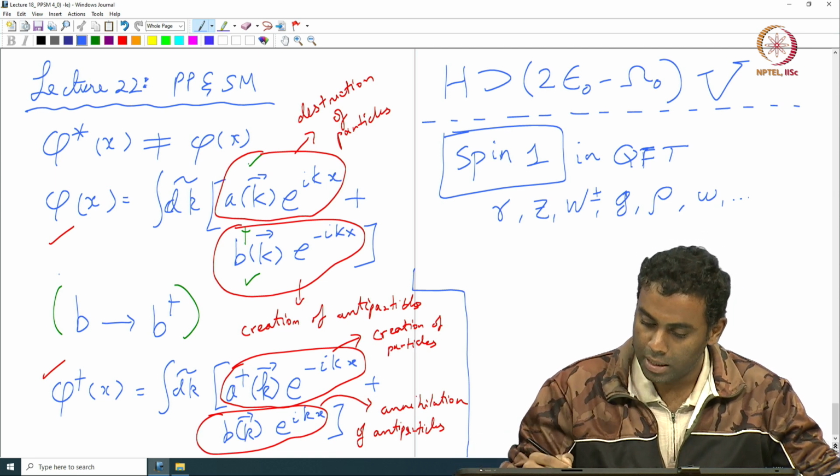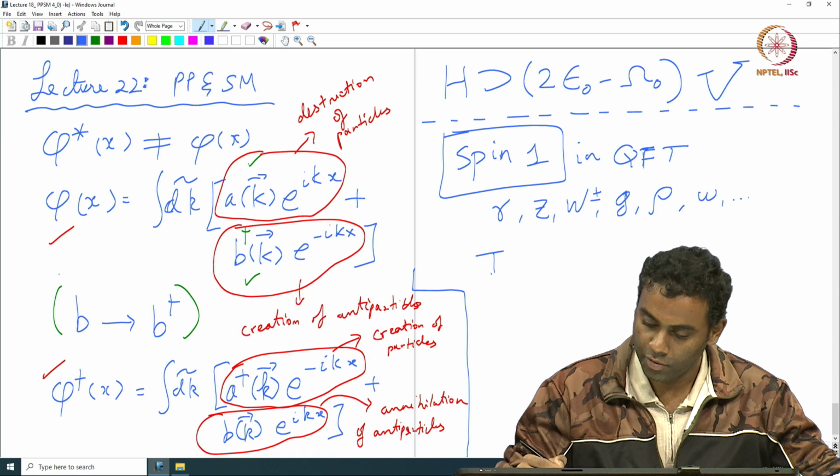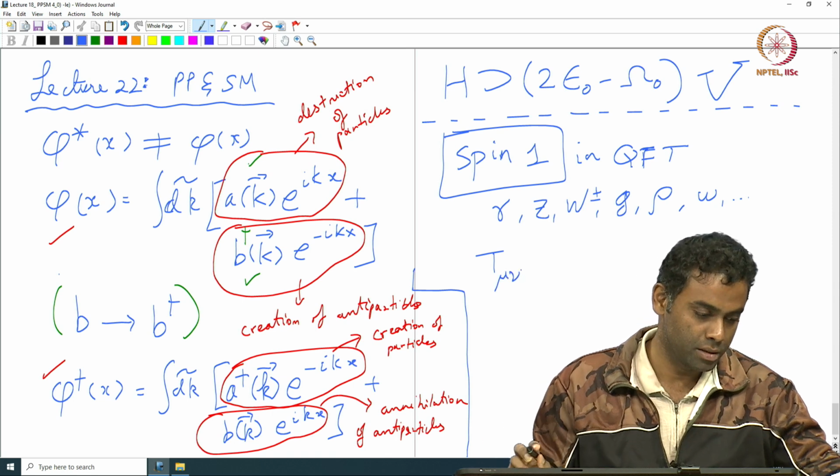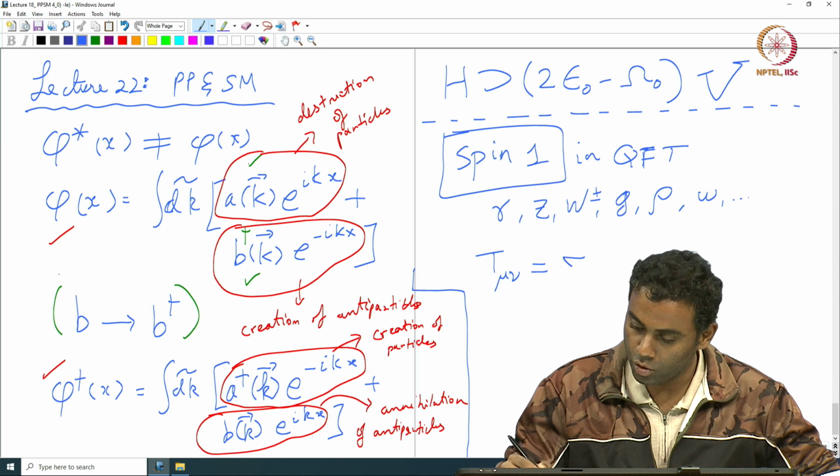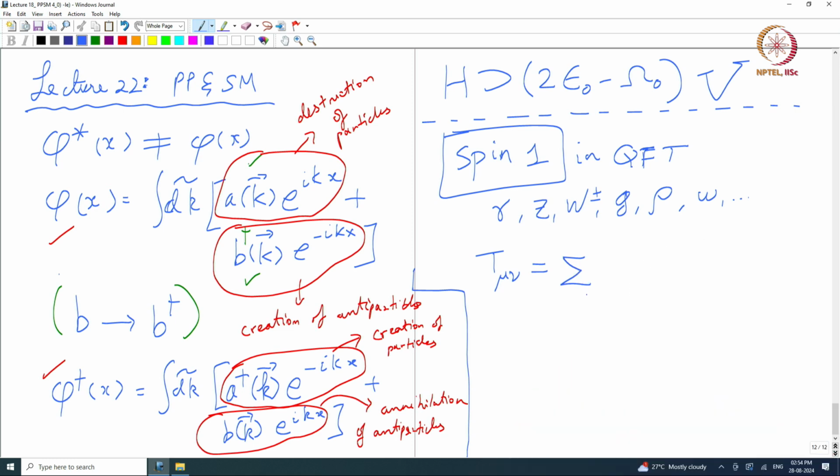So that means we can begin with the energy momentum tensor. I am not going to derive this. This again should be there in any field theory book. Even otherwise, it should look pretty intuitive, right?